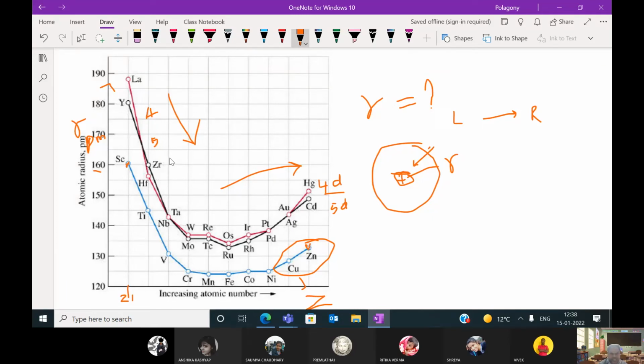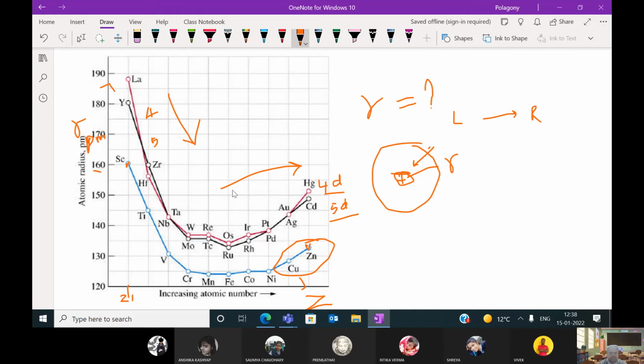So lanthanoid contraction is more significant, due to the imperfect shielding of the f orbital. That could be the reason.